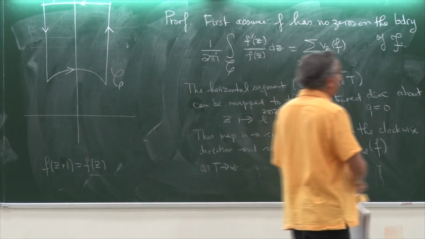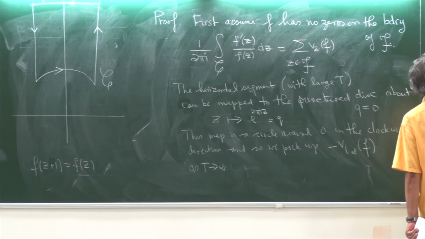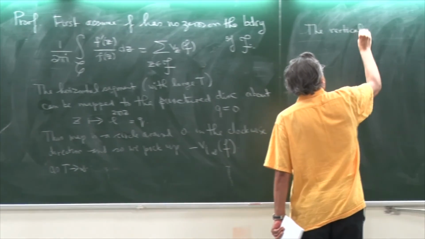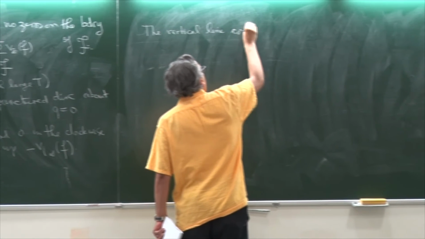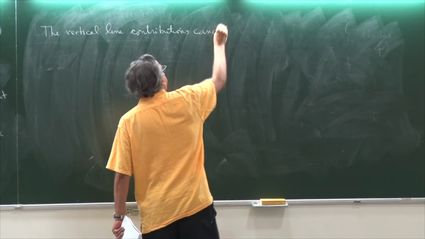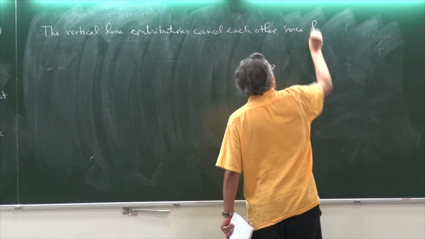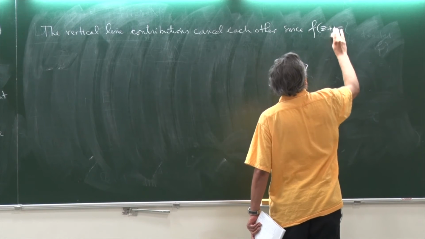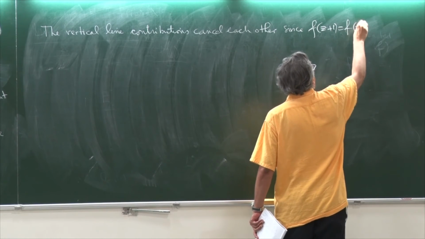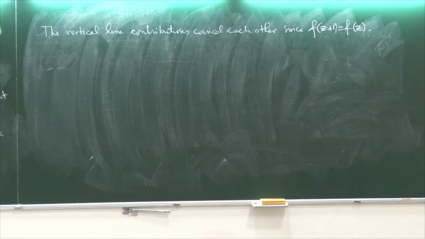So the vertical line contributions cancel each other, since f of z plus 1 is equal to f of z. So we only need to consider what's happening on this circular arc.